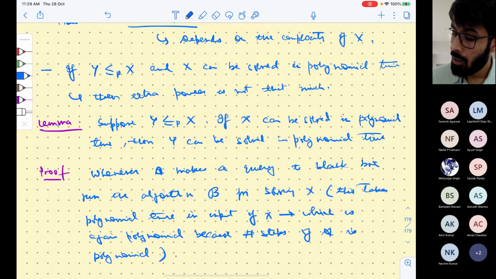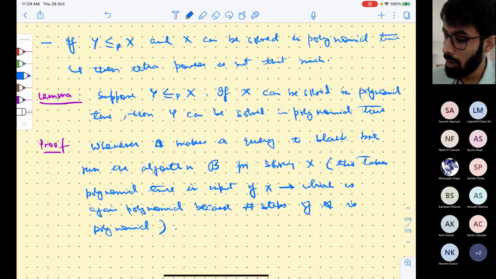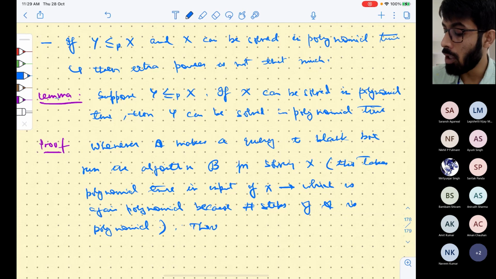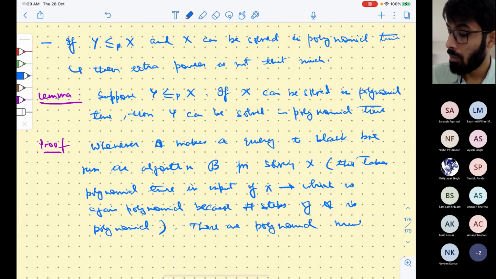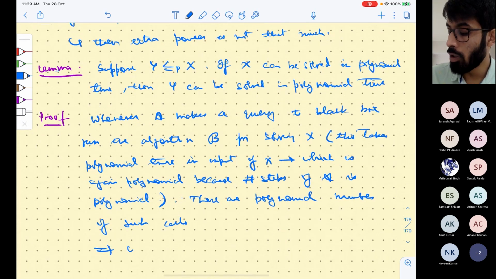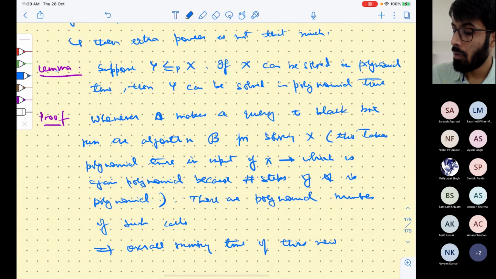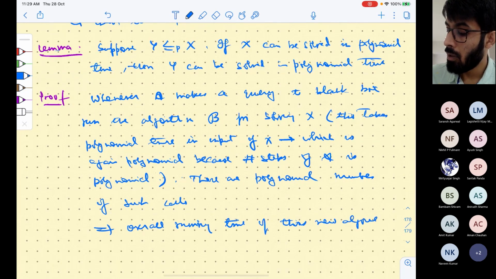One call takes a polynomial number of steps, and there are a polynomial number of such calls. So the overall running time of this new algorithm is polynomial.